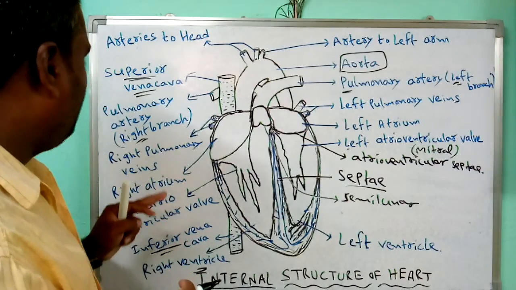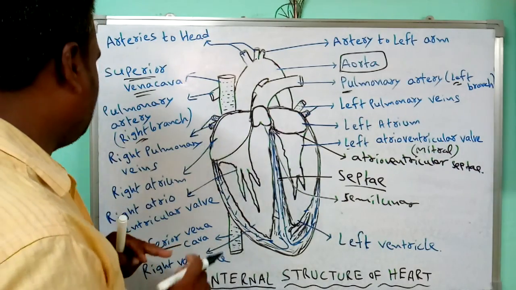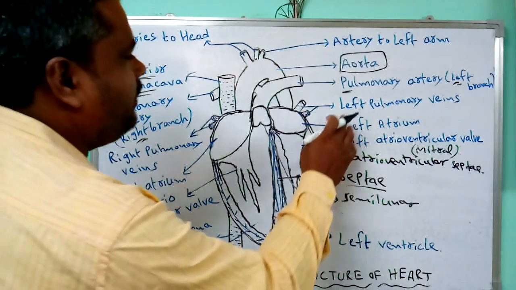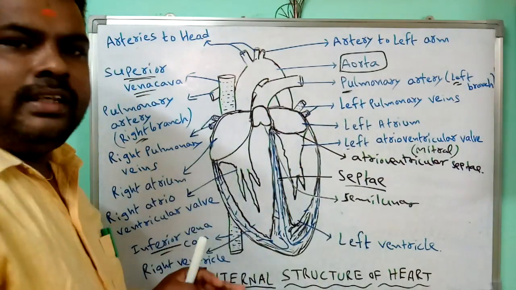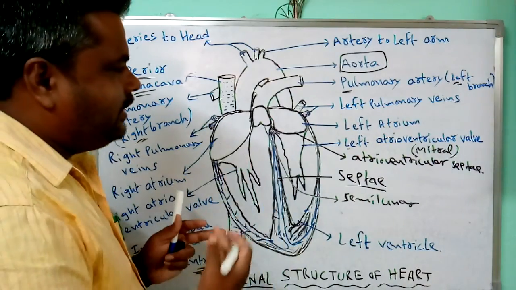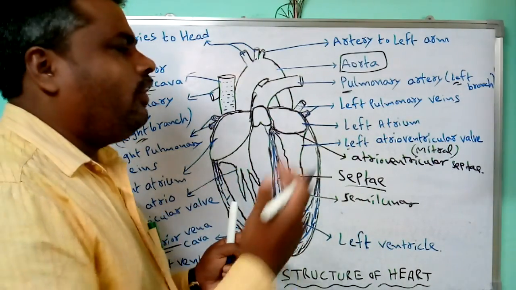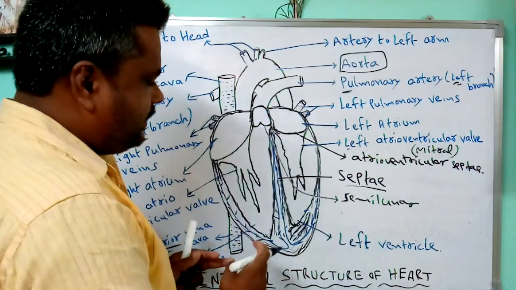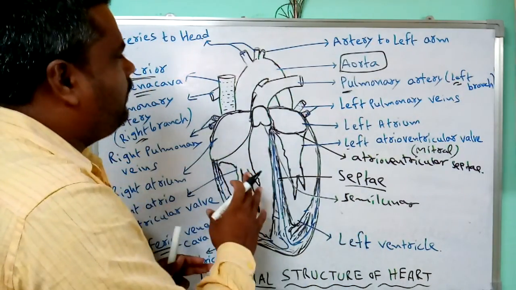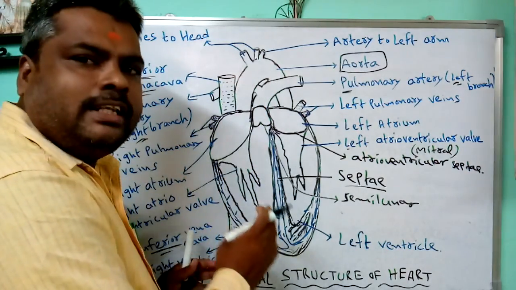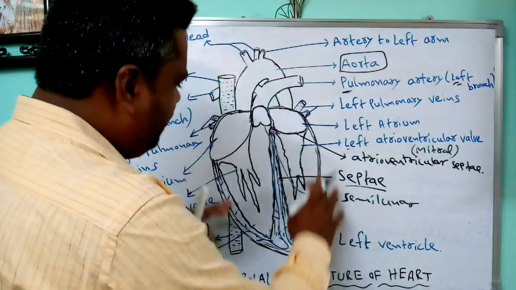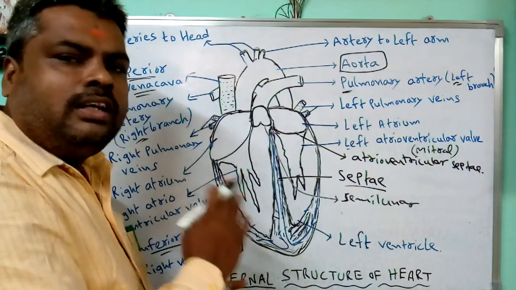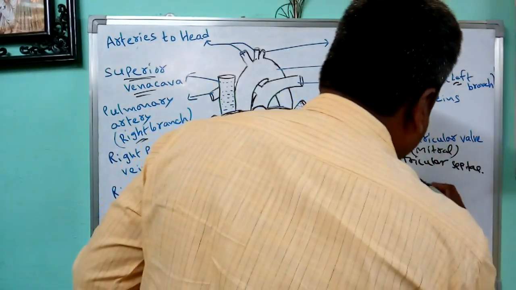Next, some veins also arise from this heart, that is, the right pulmonary veins and left pulmonary veins. These receive the oxygenated blood from the lungs. Next, in addition to all these arteries and veins, some blood vessels are also observed on the surface of the heart, commonly called coronary vessels.